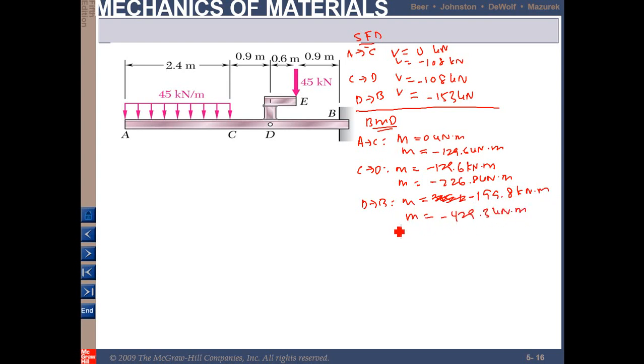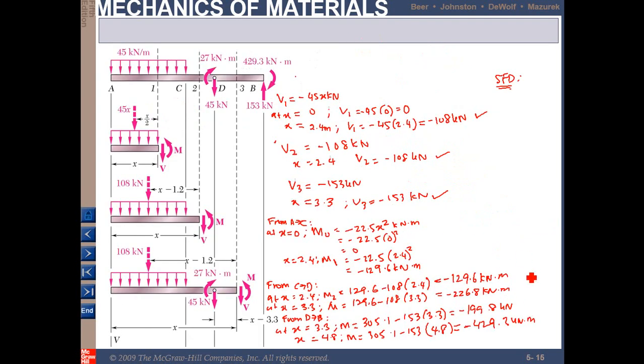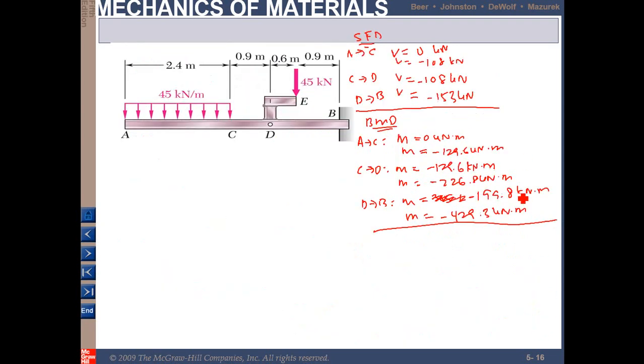So this is the summary of all the values that we have calculated here. This is the value that I took from here: 0, 129, 129, 226, 199, 429. So I write all these values into here.